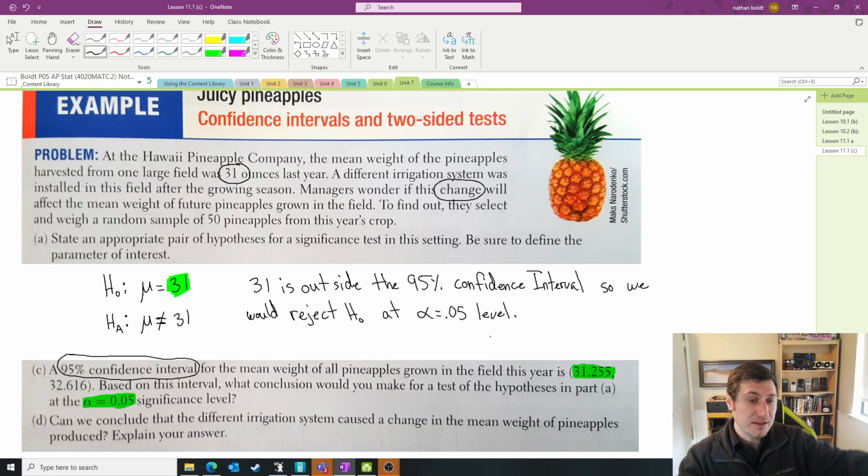It's not a plausible value at the 95% confidence level or at the alpha 5% level. So our test would have rejected it if we could run it, but they don't give us enough information to run it.